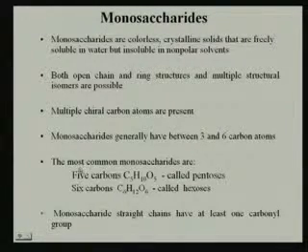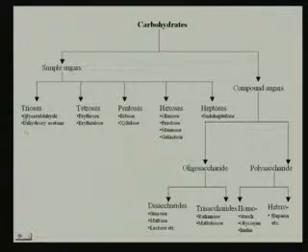So if we see the most commonly found monosaccharides, then we can categorize them as triose, tetrose, pentose, hexose, heptose and so on. What does it mean? Triose means it is a 3 carbon containing sugar molecule.